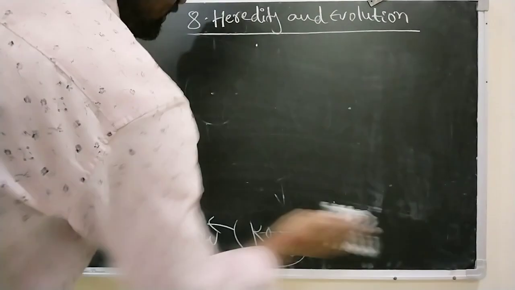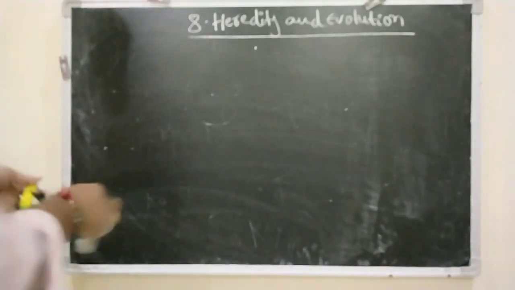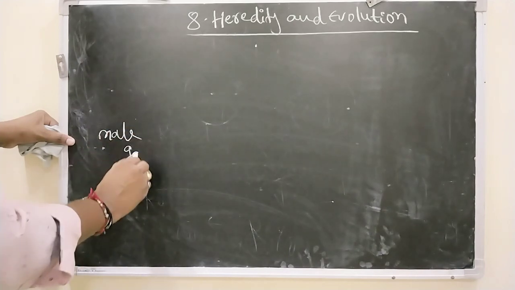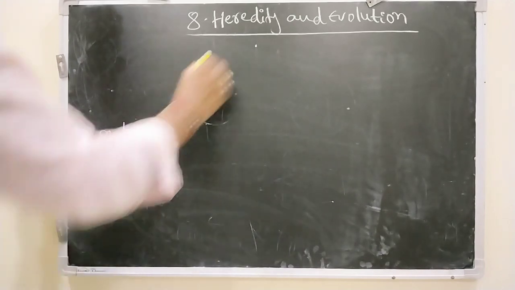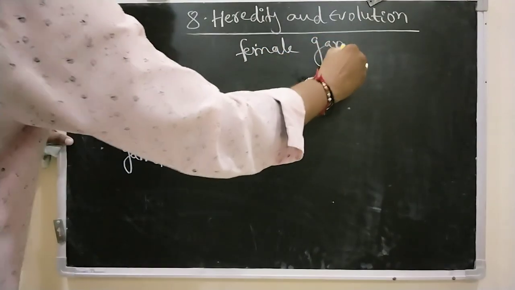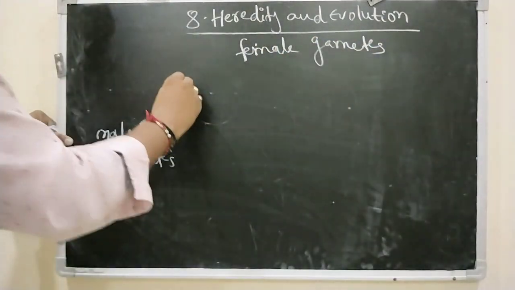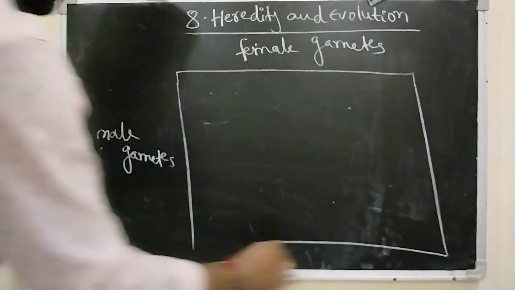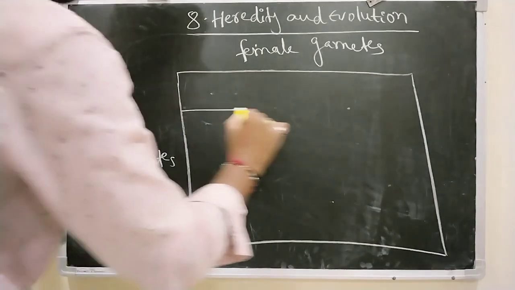So for the F2 generation, we have to mention the gametes here. So these are the male gametes and here are the female gametes. For this we have to draw a checkerboard, right?